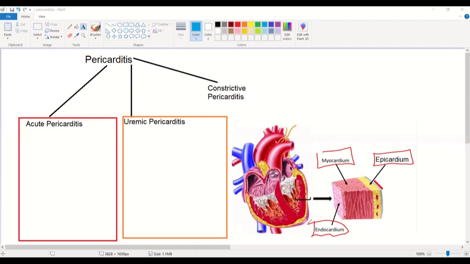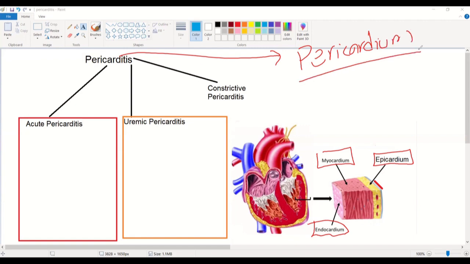So the pericardium. Pericarditis is basically the inflammation of the pericardium. So what is the pericardium? The pericardium is the outer covering of our heart, right?